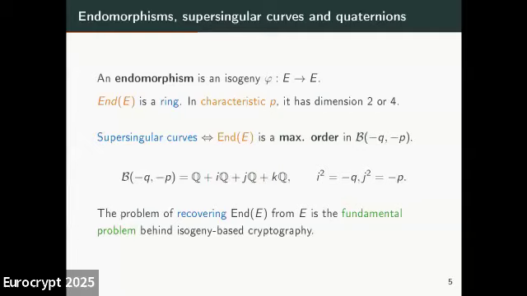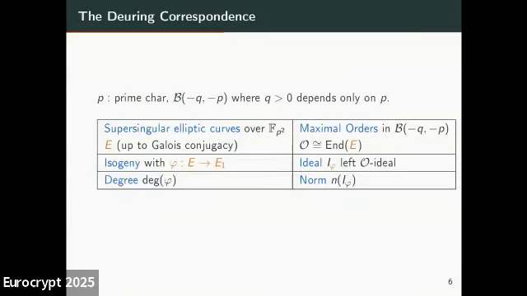And the hard problem underlying most of isogeny-based crypto is this problem of computing the endomorphism ring from the curve. We have this tool that is called the Deuring correspondence. So the first step of this correspondence is this equivalence between elliptic curves and their endomorphism rings, but you can extend that to different objects, which I'm not going to define because it's not going to be very important to follow my talk.